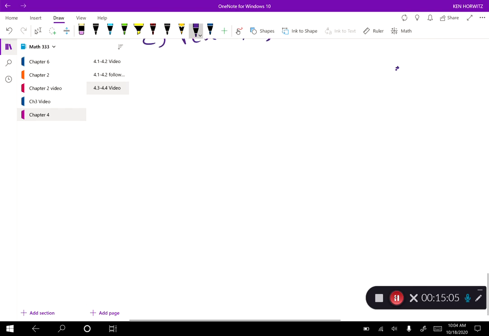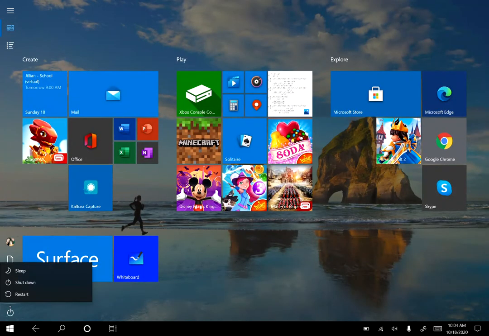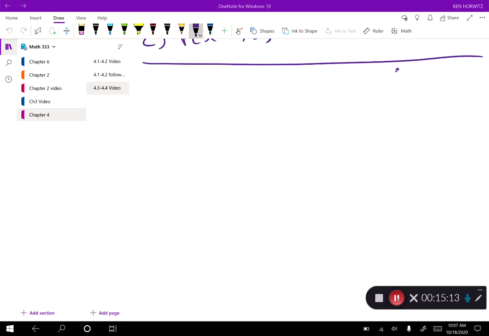Hopefully you've written down the problem and we can do it piece by piece. All right, so A says I want to integrate between negative infinity and infinity.